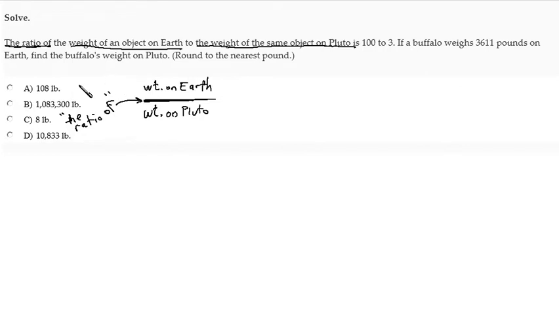Okay, so this is the way we set up a ratio. Here's what we just said: the ratio of the weight of an object on Earth to the weight of an object on Pluto. Now they're giving us actual numbers for this ratio, so I'm going to revisit this. This is going to be the setup for two sides of a proportion.